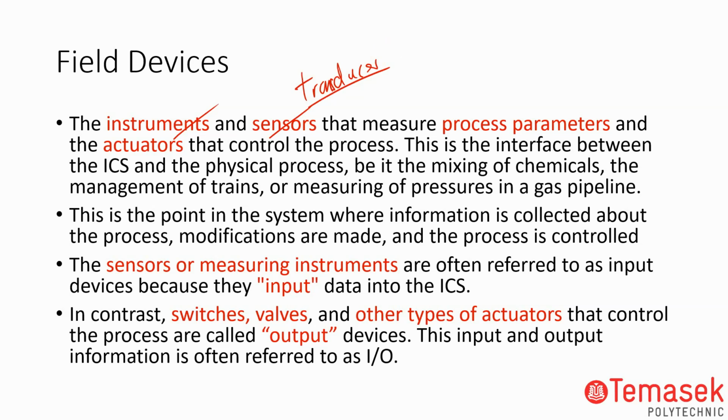Basically there's some processing that makes it digitally understandable by the controller itself. The other thing is the actuator. Actuators are mainly motors that do all the necessary controls. An actuator can be a switch, a valve, a motor, a solenoid, or some other kind of actuator.